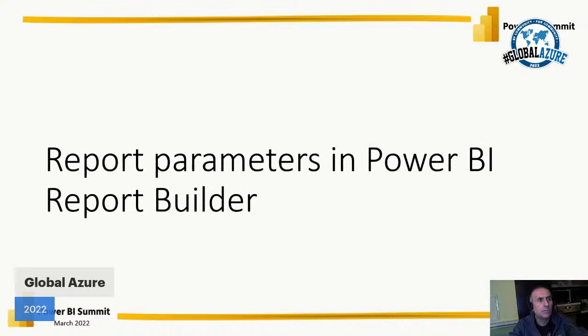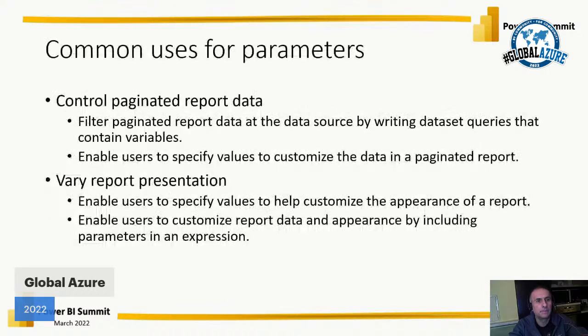Let's now see how to use report parameters in Power BI Report Builder. What is the common use of parameters? We have two groups of purposes. The first one is when we need to control paginated report data. That means we need to filter paginated report data, but it should be done by users.